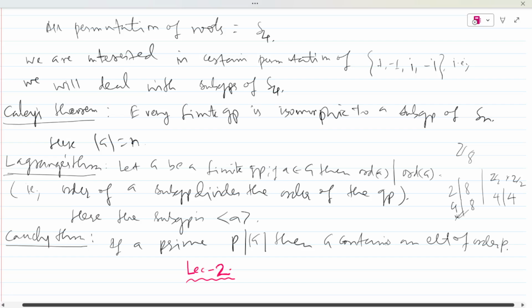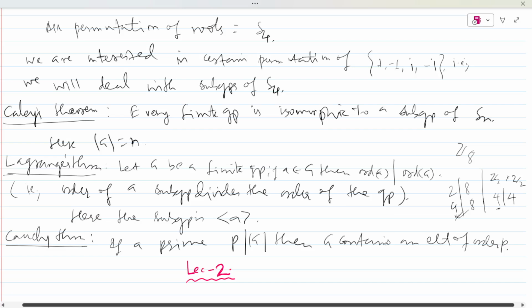Here Z8 has an element of order 4, but there are certain other groups where, since 4 is a composite number, 4 divides the order but there is no element of order 4. This group doesn't even have an element of order greater than 2.